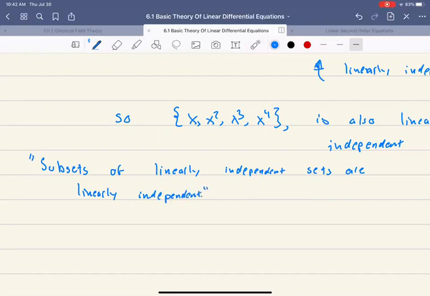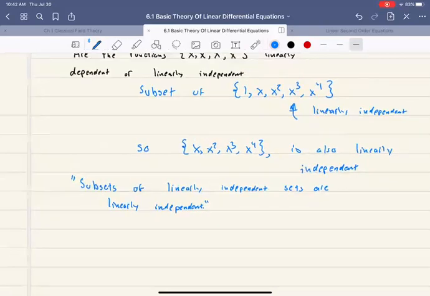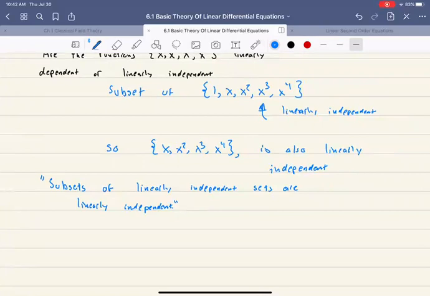That's not necessarily true for linearly dependent sets. Subsets of linearly dependent sets could be linearly independent. Okay, if you didn't like that explanation, I can understand that. So let's actually do it directly.